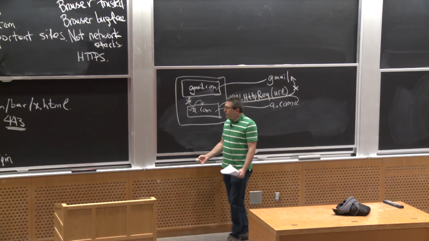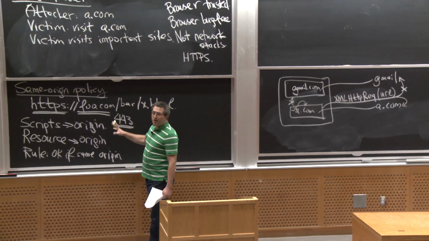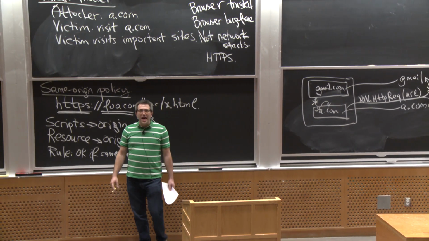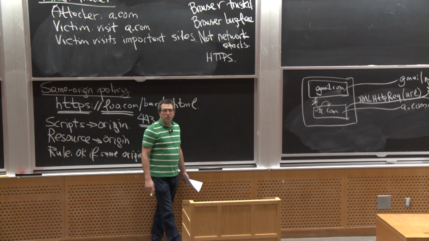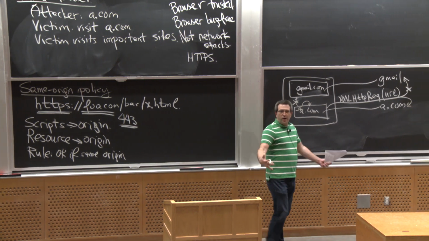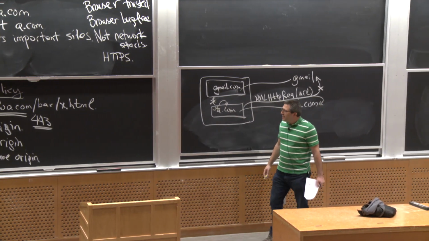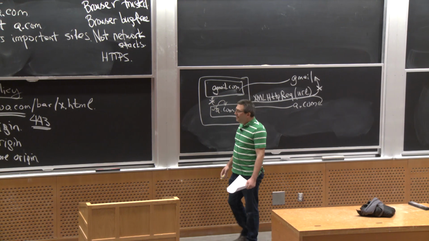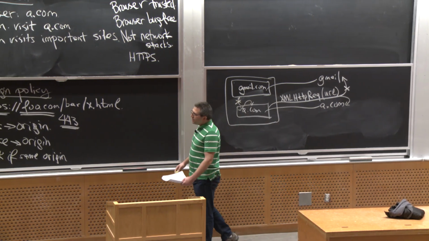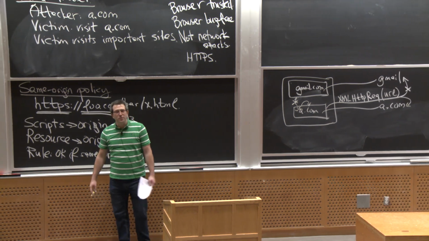So the way to think of it is that there are going to be a lot of exceptions to the same origin policy that allow all the sharing going on in the web browser. And those are also sort of the reason why things are hard to secure, because those exceptions have been added in a somewhat ad hoc fashion. And as a result, it's difficult to control all those exceptions.